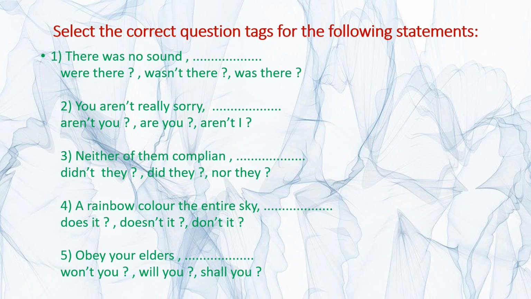And the options are won't you, will you, shall you. So the correct option here is going to be obey your elders, will you, and question mark at the end, right? So you will get such type of questions where you have to select the right one and do it.